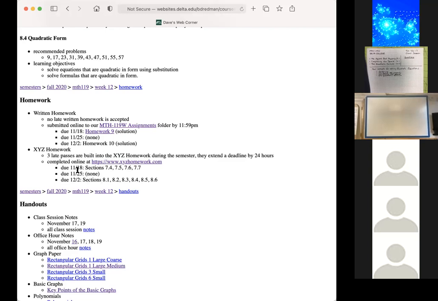So you have 2 weeks until the next XYZ homework is due, and it covers all 6 of these sections. So even though you're not having any XYZ homework sections due next Wednesday, you most likely want to get started on these so you'll be ready to have them completed by the following Wednesday. As normal, our website is up to date, has all the information you need on it. Just pay attention to these due dates.